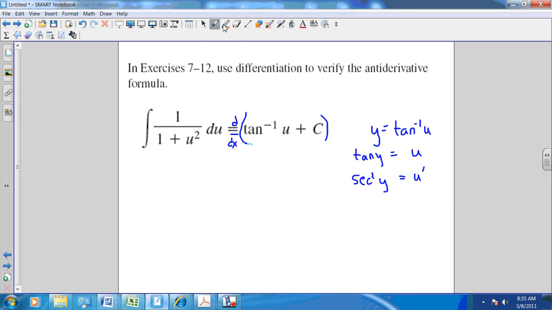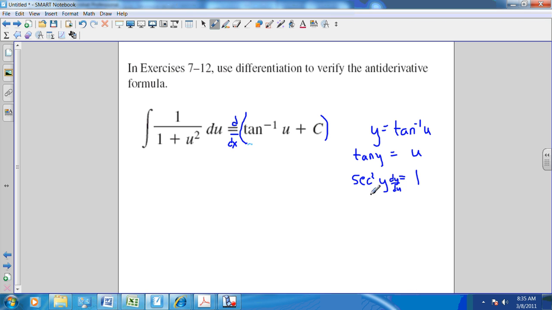Now, it's very important here that we recognize what we took the derivative with respect to, because it does matter. If I would have taken a derivative with respect to x, I would have a dy dx here, and this would be du dx. But since we really took a derivative with respect to u, we have a 1 here and a dy du over here.